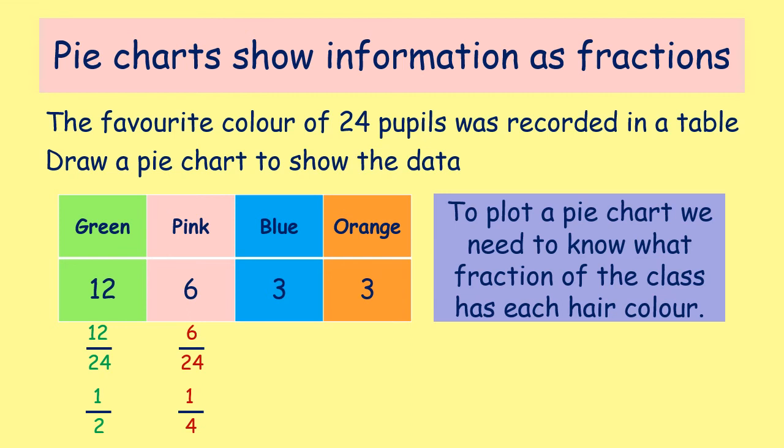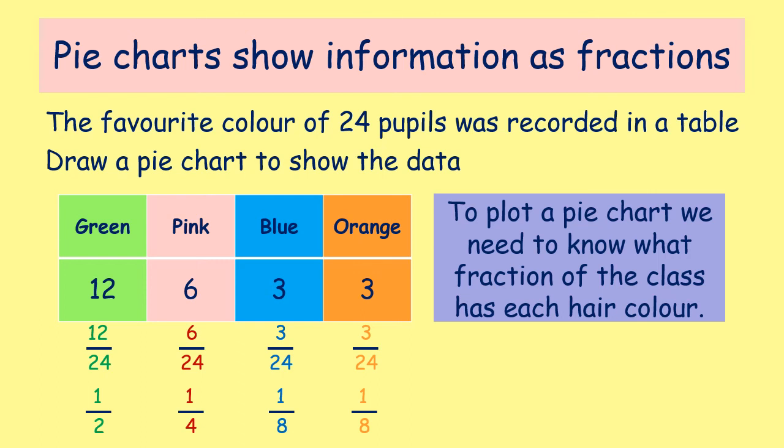And then for blue, it's 3 out of 24, which again, we can simplify because we can divide the top and the bottom by 3 to give us 1/8. And orange is also 3 out of 24, which we can simplify by dividing the top and the bottom by 3 to give us 1/8.